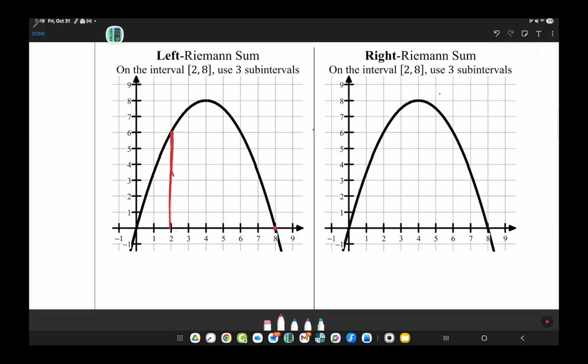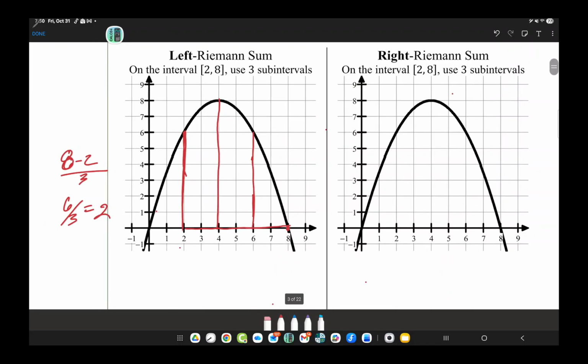So that means I would take this distance, which is 8 minus 2, over 3. So it gives me 6 over 3. Each rectangle would have a width of 2. Now, we are using the left value, so we are basing the height of the rectangle on the value of the left side of this rectangle.